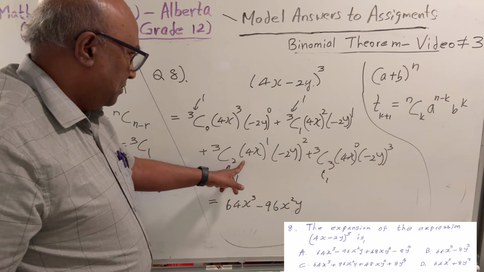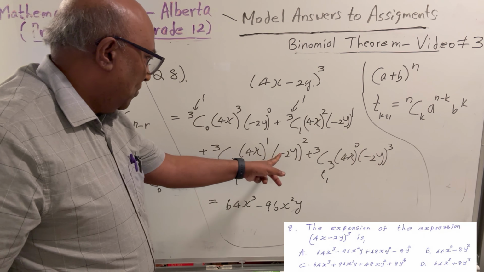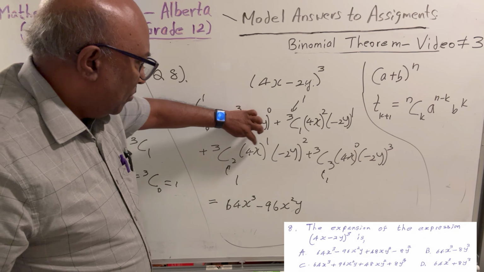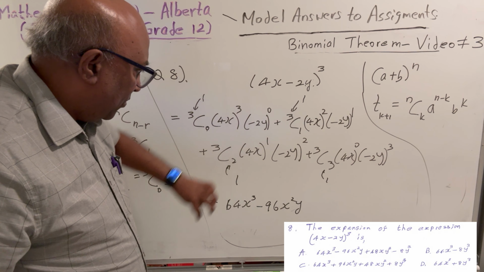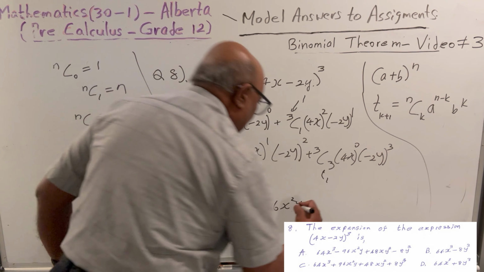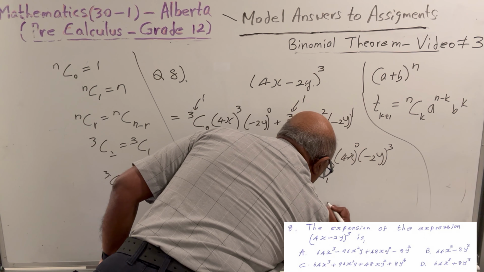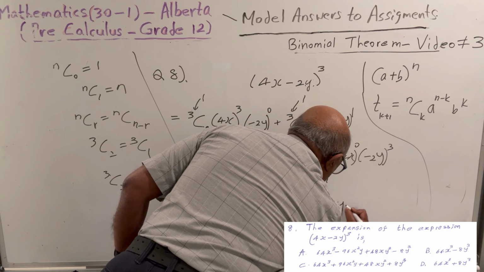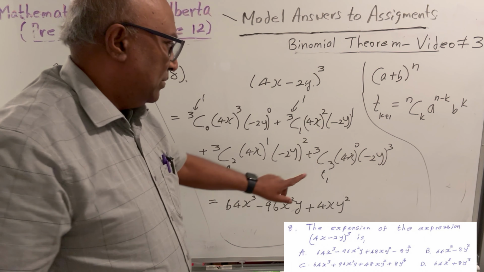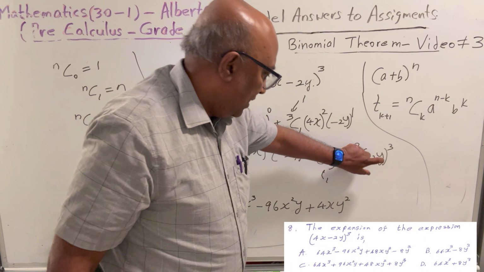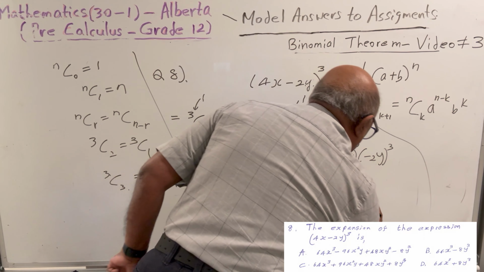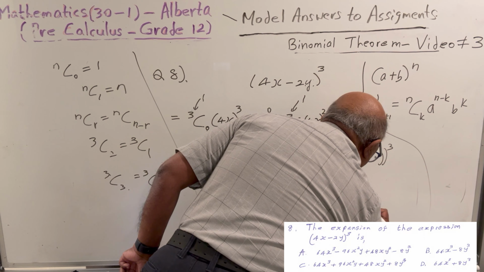What is the next term? 4 times 4 is 16, times 3 is 48, plus 48xy squared. Last term, 1, 1, negative 8y cube.